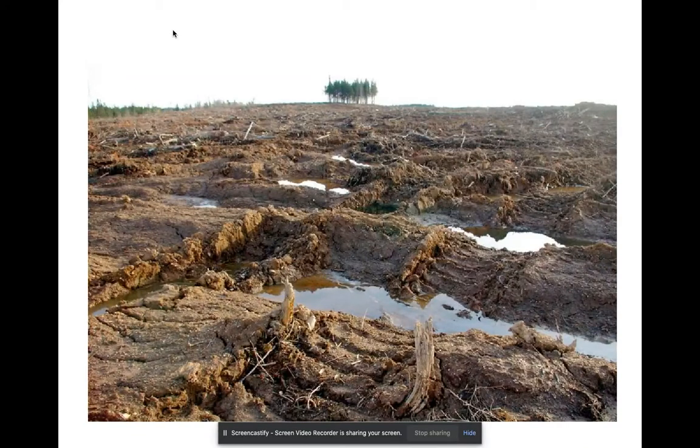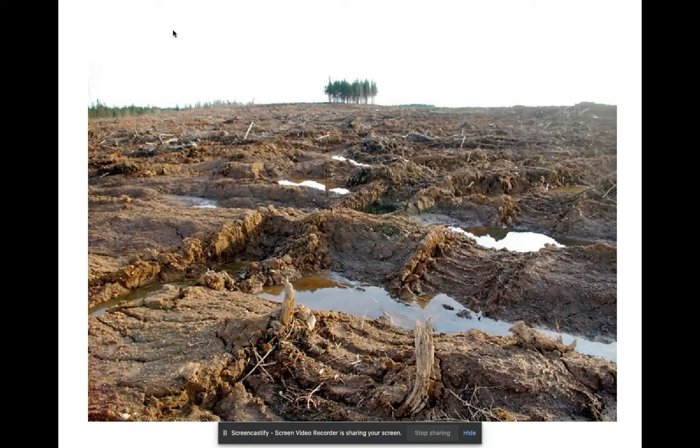This is another picture. I don't know if this is in the Amazon or not. I can't tell by those trees, but those could be pine trees. Anyway, deforestation is absolutely horrible in this sense. Alberta and many parts of North America practice responsible harvesting of trees and lumber. So what you're seeing in this picture does not happen extensively in North America because of the heavy regulations against it.